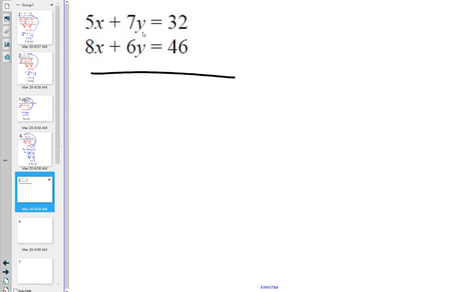What would be that? Like this one here out of all of them, I don't want to say it's hard, but it's probably the one where the most work is required. I would hope you see its elimination because they're both in standard form, but there isn't one variable that really stands out as being easier to eliminate. So it's just a matter of, do you feel more confident that you know the least common multiple of 5 and 8, or of 7 and 6?